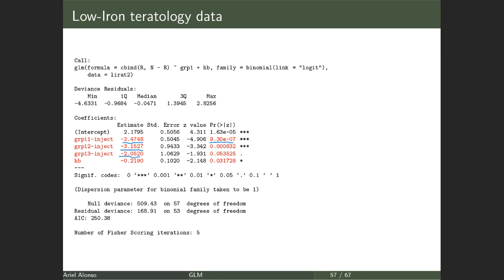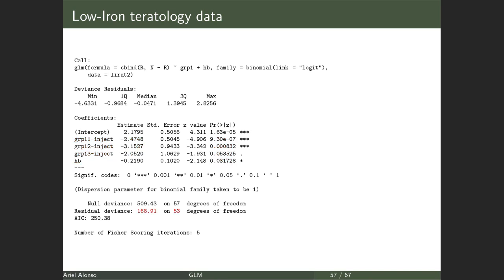So you see clearly that the rats receiving this iron supplementation through injection had less fetal mortality than the placebo group. Also expectable, the coefficient of hemoglobin was negative, which means that an increased hemoglobin implies less mortality for the fetuses.